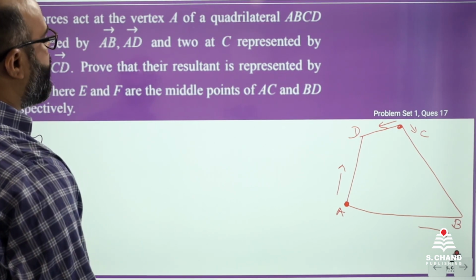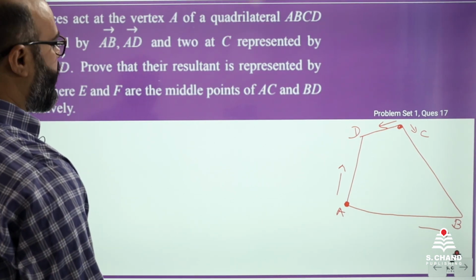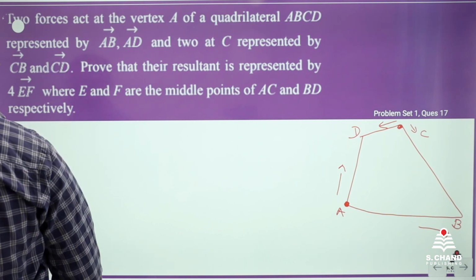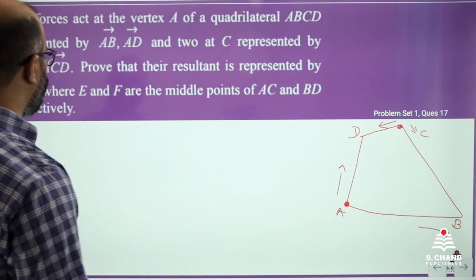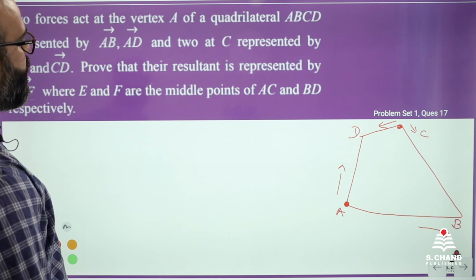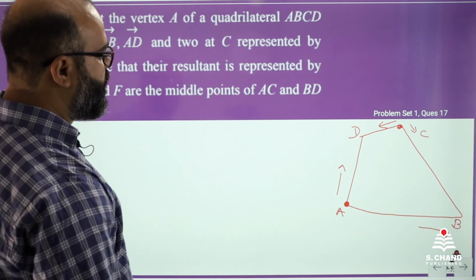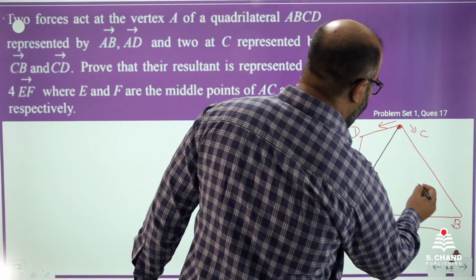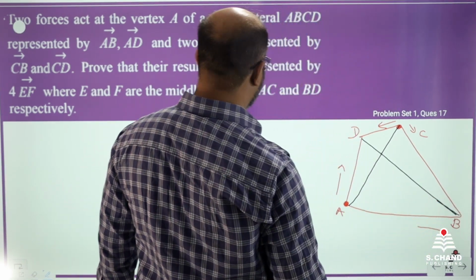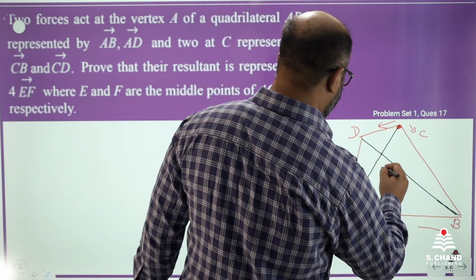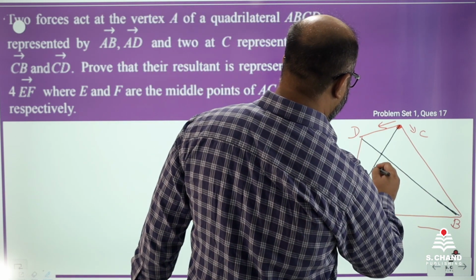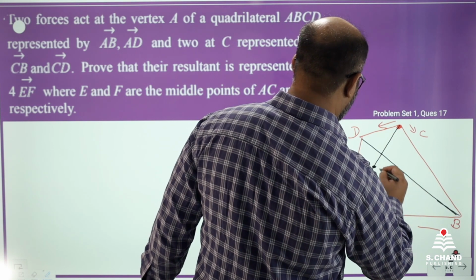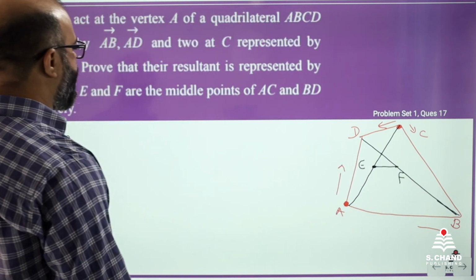Prove that the resultant is represented by 4EF. Now it is being asked that their resultant is represented by 4EF. And what is EF? E and F are the middle points of AC and BD respectively. So this is your AC, this is your BD, and E is the midpoint of AC, and F is the midpoint of BD, and you have joined them.